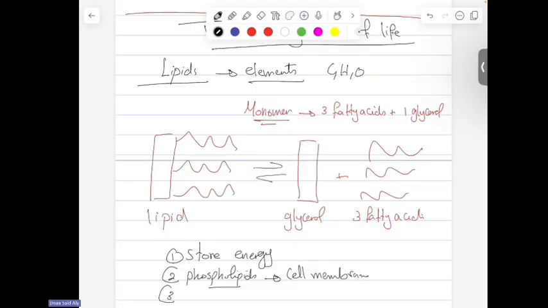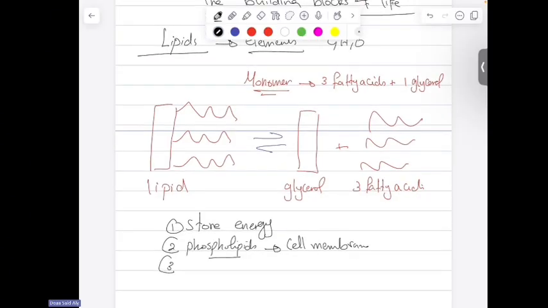Number 3, please write it or highlight it because you may forget it in the exam: the lipids make steroid hormones. Steroid hormones are made up of lipids.